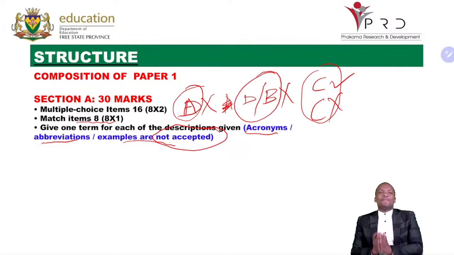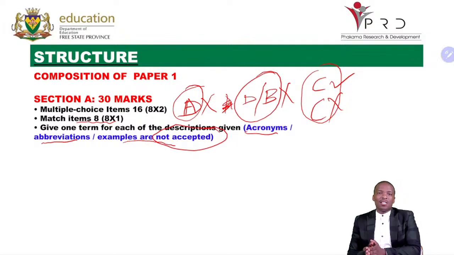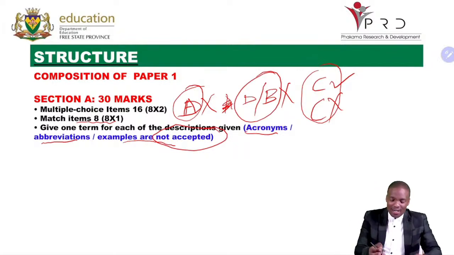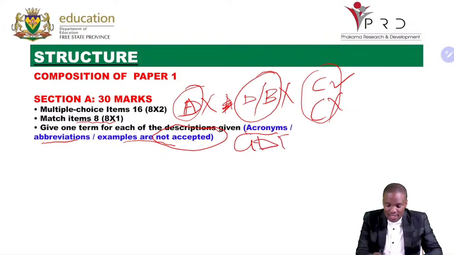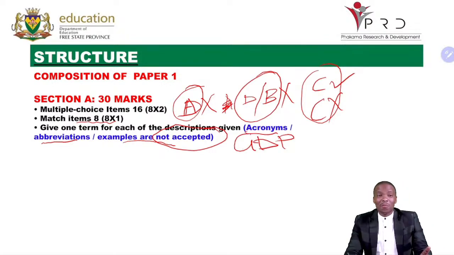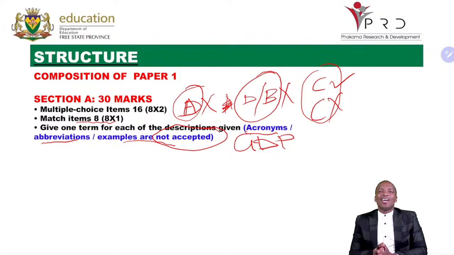All right, here's the first description. The total final value of all goods and services produced within the borders of a country for a specific year. Then the learner remembers to say, oh, hey, I remember this, and I'm in a hurry, I'm panicking. No, the answer there is GDP. I know this. The abbreviation is correct.